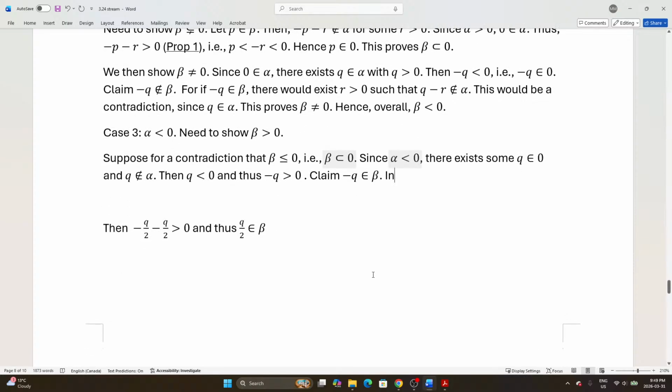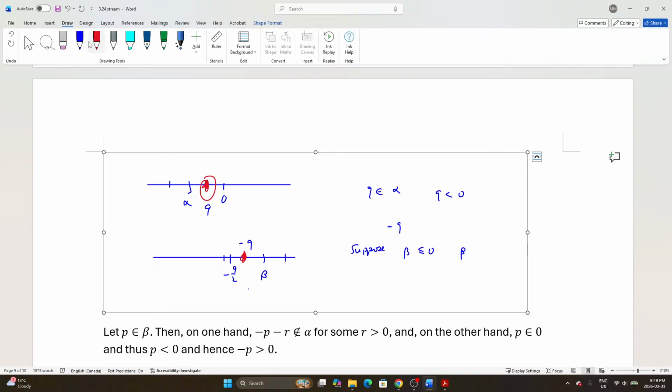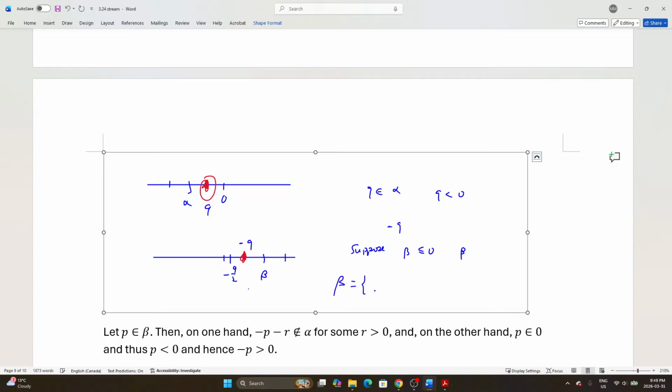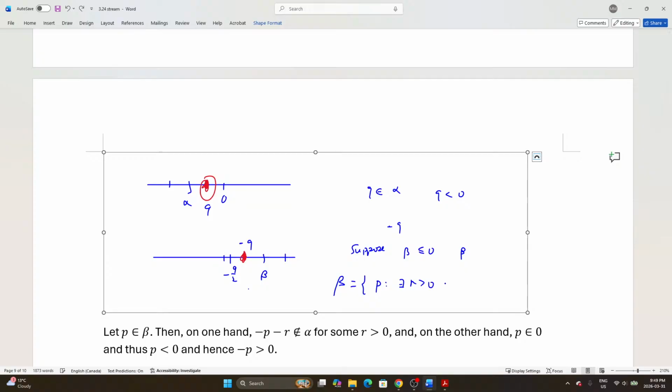No, my God. If something is in beta, beta is this set of elements P such that there exists R greater than 0 where minus P minus R is not in alpha.